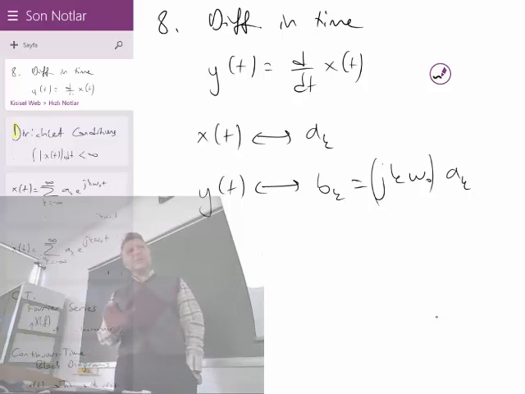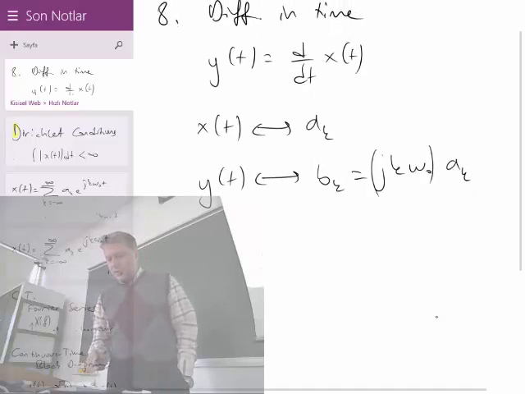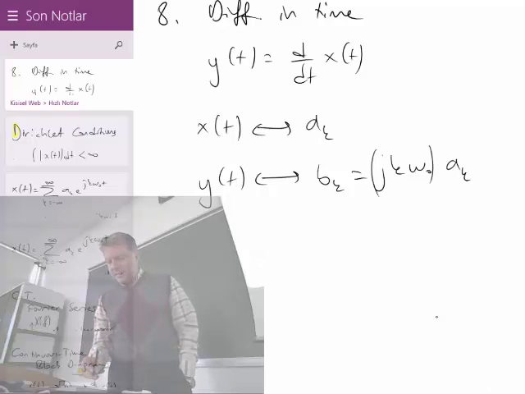By the way, the opposite is also true, except for k equal to 0, of course. By the opposite, what I mean is this.